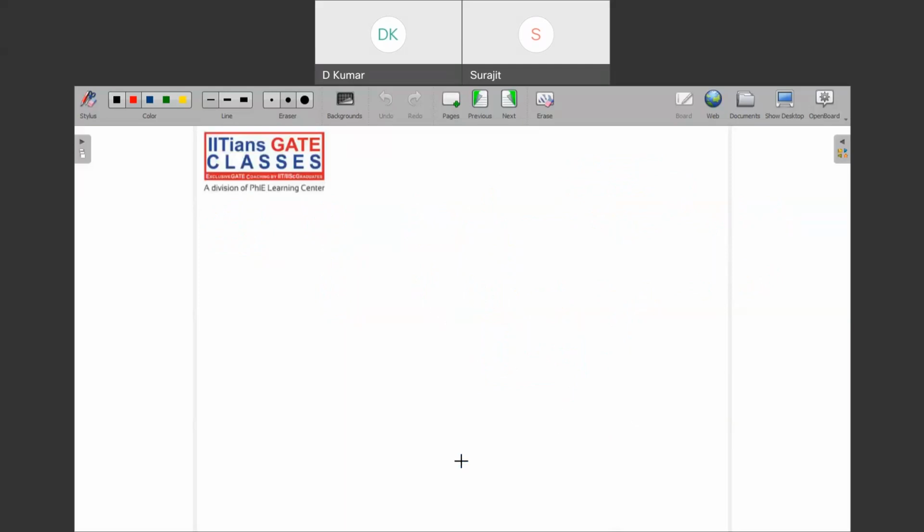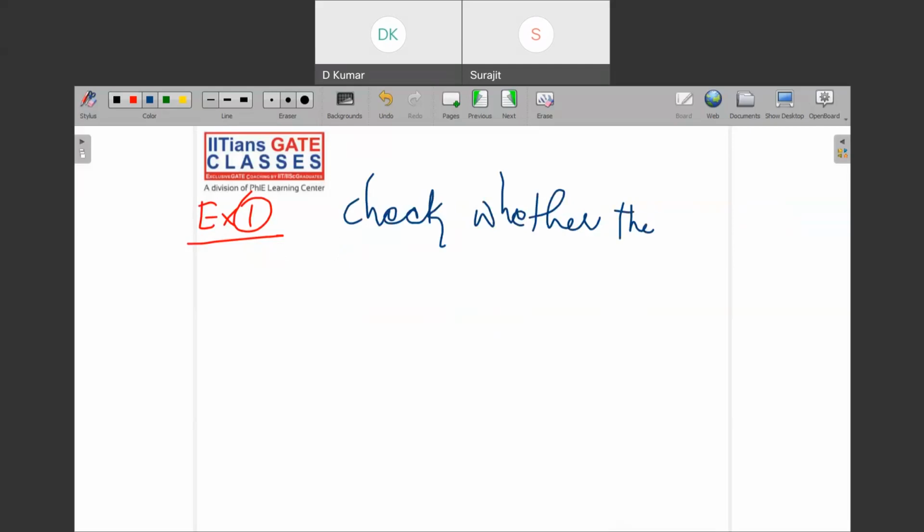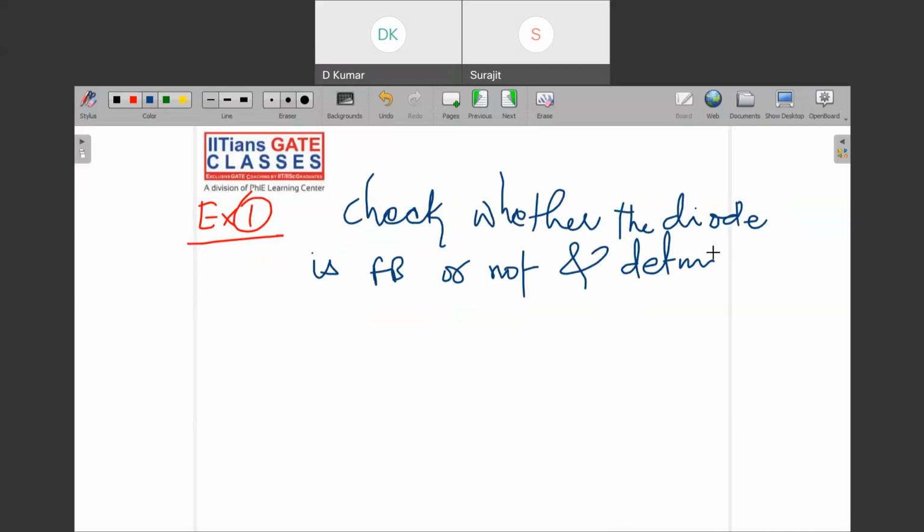Now let us check example number one. Check whether the diode is forward biased or not, and then determine the current.